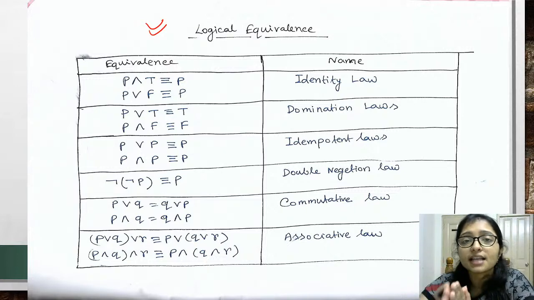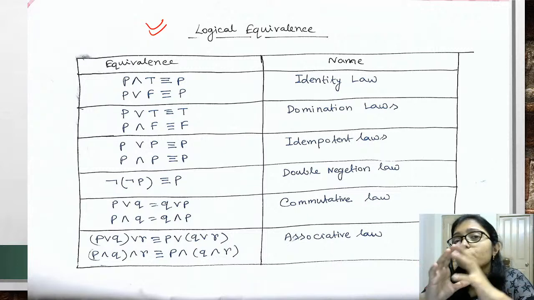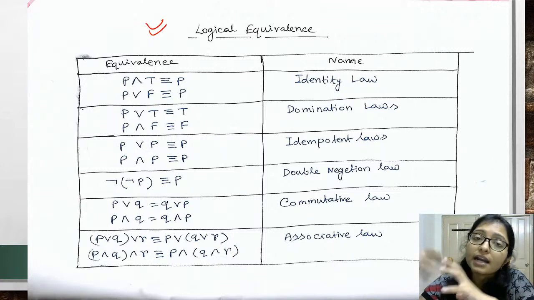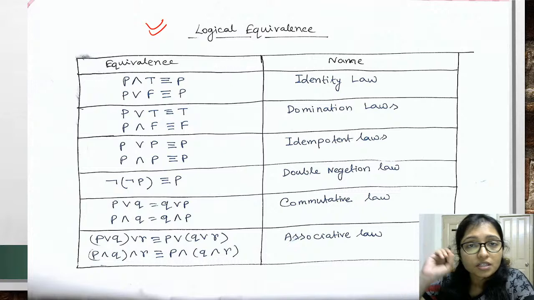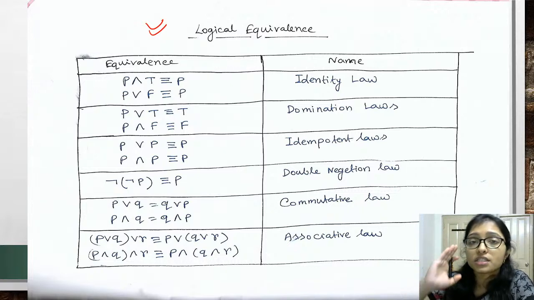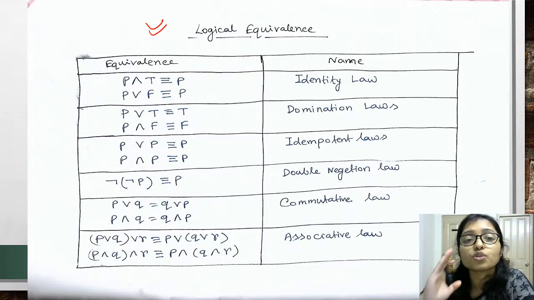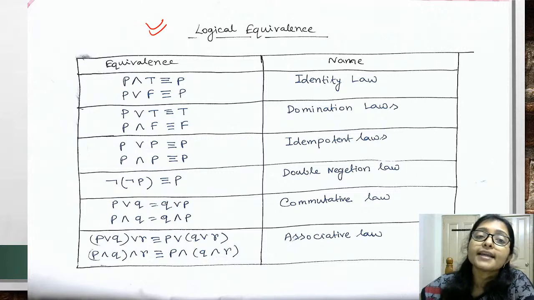So from this class, not only propositional logic, you are learning digital logic also. Try to relate, because same concept, same rules, everything is the same, only the signs change.